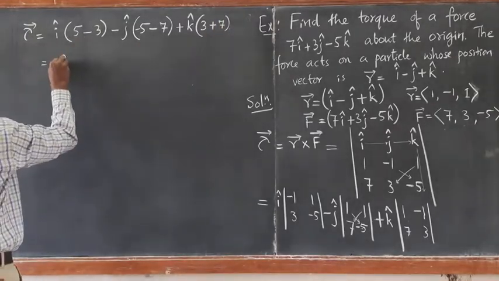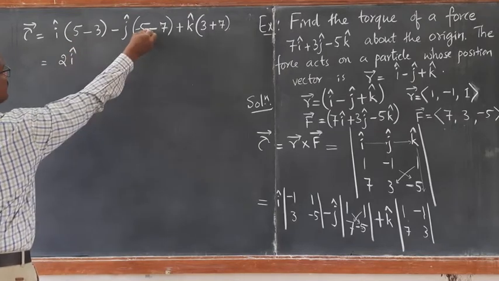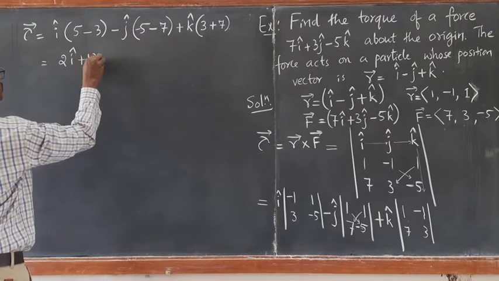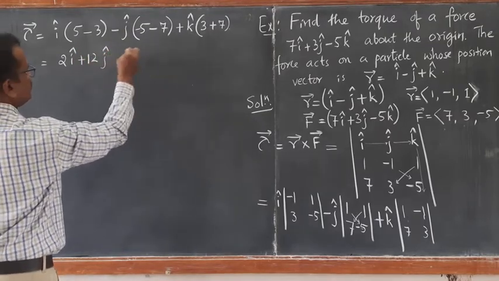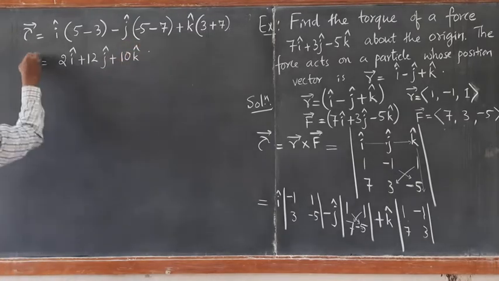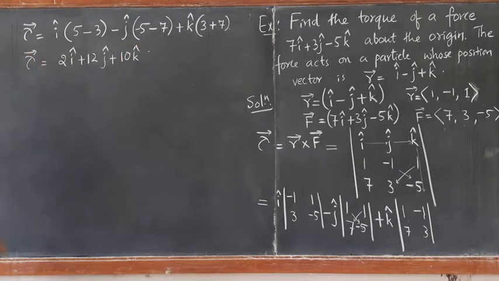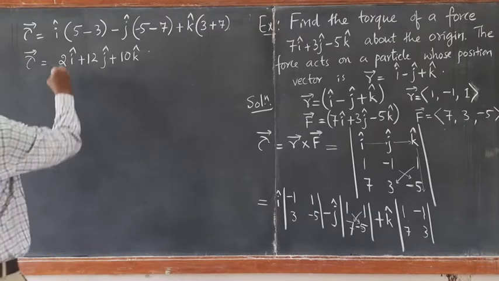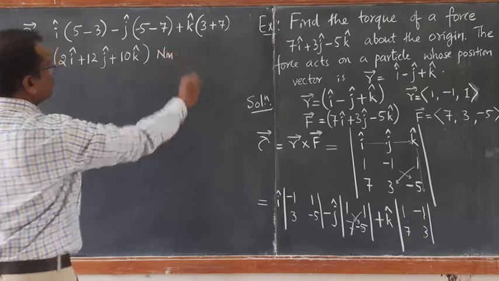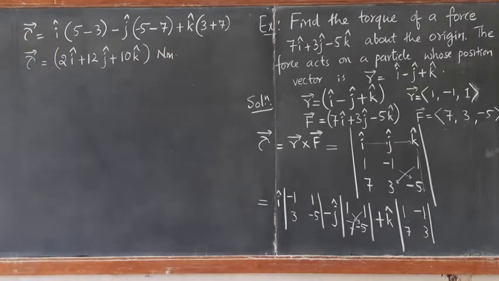This becomes 2i cap minus of minus 12, plus 12j cap plus 10k cap. So this becomes the torque acting on the particle. If you want, you can find out the magnitude. Torque is measured in joule or Newton meter.